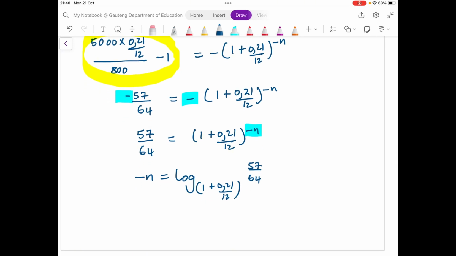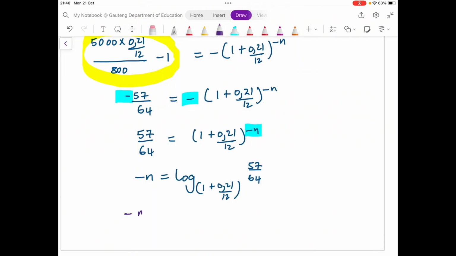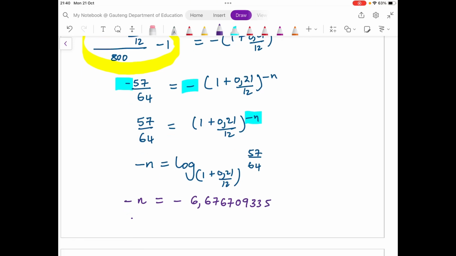Okay, and then this will give me negative n is equal to negative 6.677, so therefore my n is equal to 6.677.